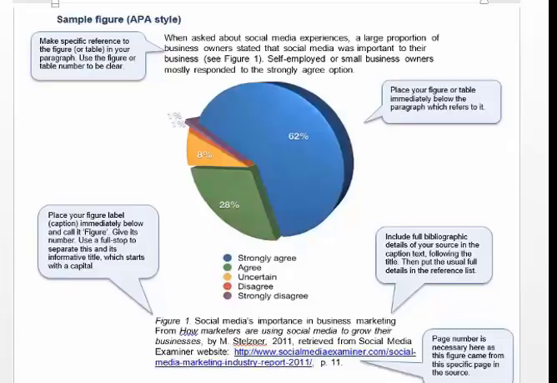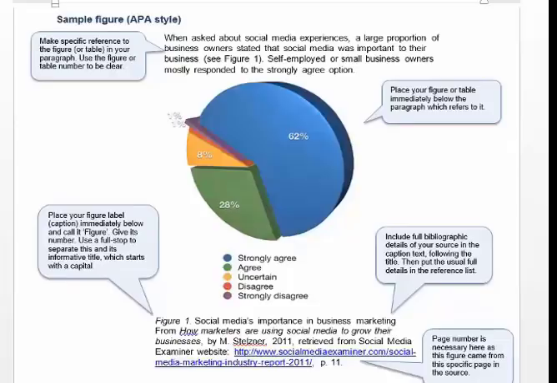So you can see with the little speech bubbles around the outside, there's information about each of those aspects of that figure. This figure came from a source by M. Stelzner. It was created in 2011, and the title of the article is in italics underneath the figure, along with all of the other information, so the reader can find it.